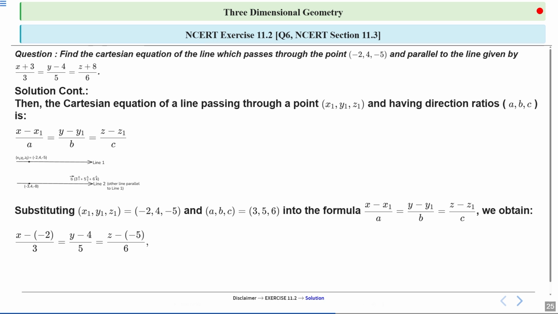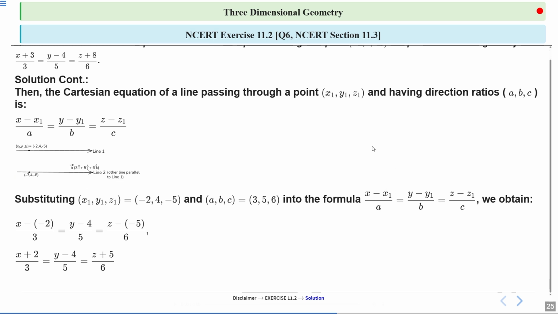So this was our substitution before simplifying the numerators. After simplifying, we have x plus 2 over 3 equals y minus 4 over 5 equals z plus 5 over 6. So this is the Cartesian equation of the required line.